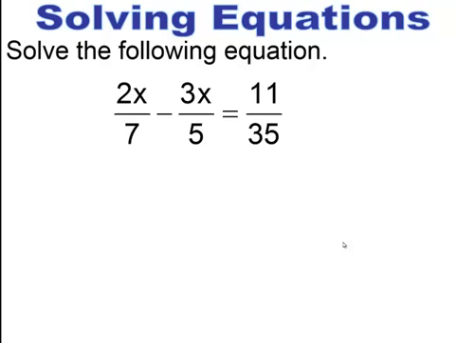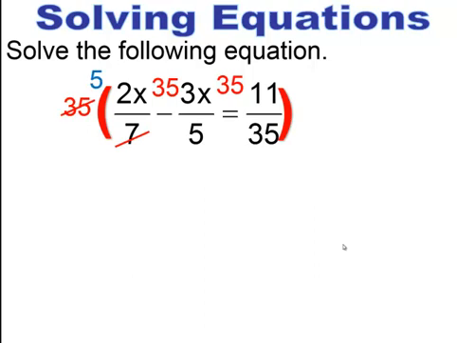So let's just start off here with what's the least common multiple? Well, the least common multiple here is going to be 35. So I like to just simply write the 35 next to each piece that I'm multiplying it to. So now I know that I'm going to simplify piece by piece. 7 goes into 35 5 times. 5 times 2 is going to be 10, so I'm going to end up with 10x.